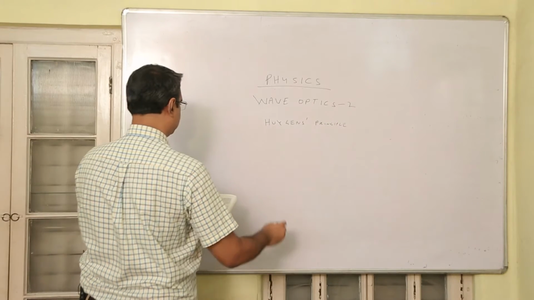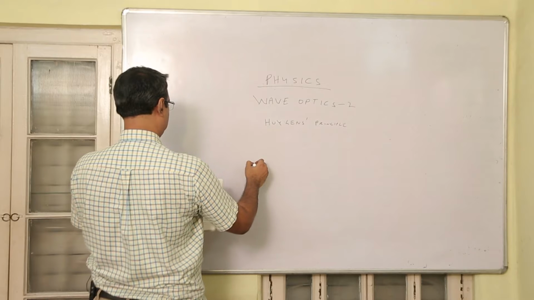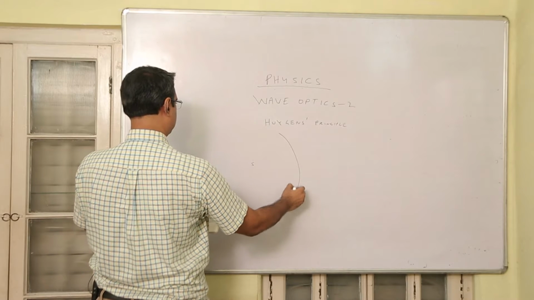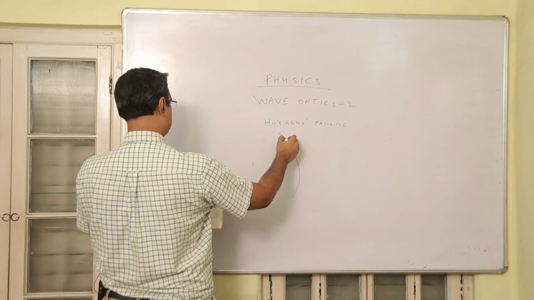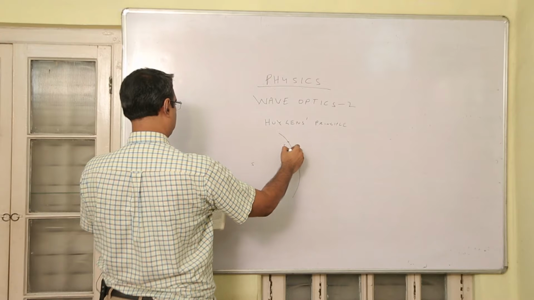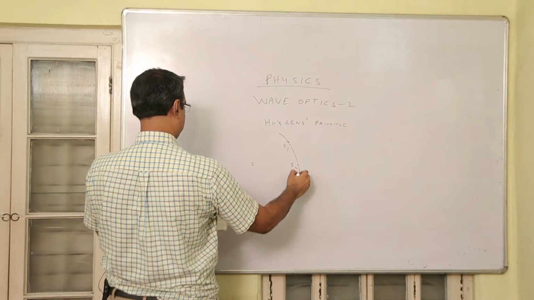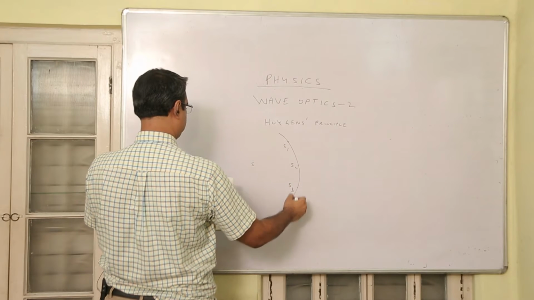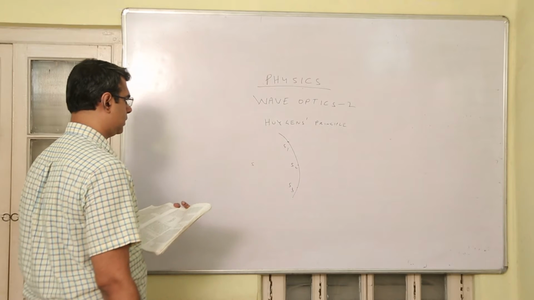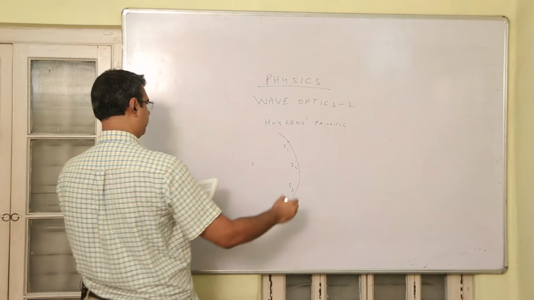Now what exactly is Huygens principle? Let us say you have located a wavefront, and on this wavefront there are 3 points S1, S2 and S3, and like I told you, these 3 points are in the same phase.